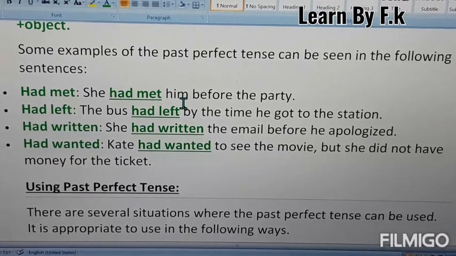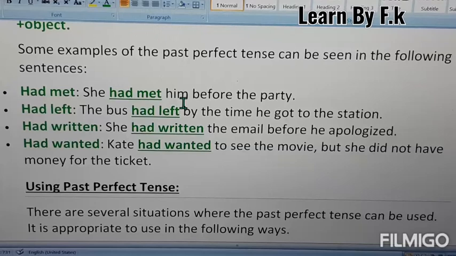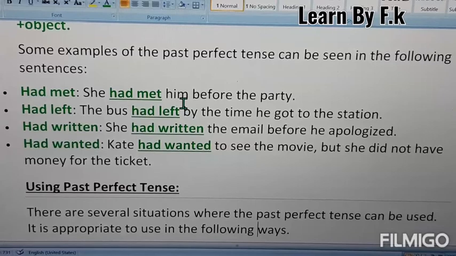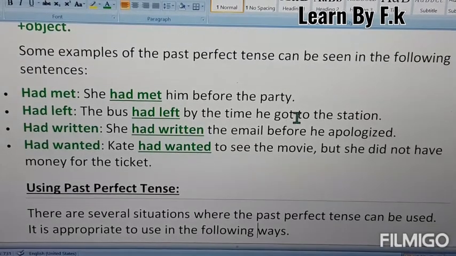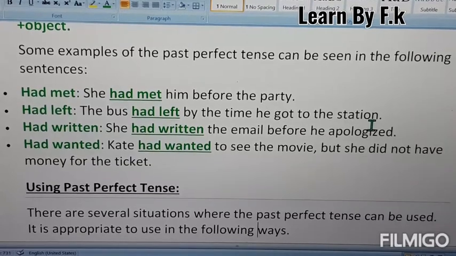Second example, had left. The bus had left by the time he got to the station. In the second example, the first previous activity in the past is that the bus moved before he arrived or reached the station.